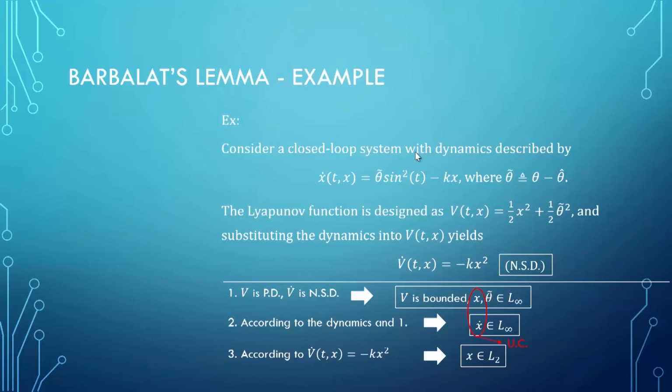And V will decrease, right? According to this, V has to decrease or remain constant. The worst case it remains constant. So it cannot go upwards. It has to decrease, and maybe somewhere when x equals 0, it holds constant, right?